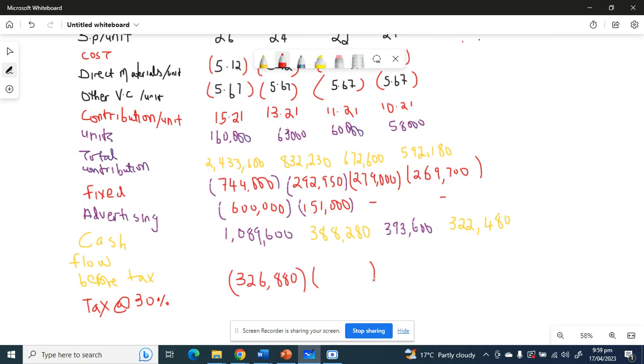Cash flow before tax. First, these are the tax charges we're going to incur. Then after we subtract these, we're going to get our cash flows after tax.